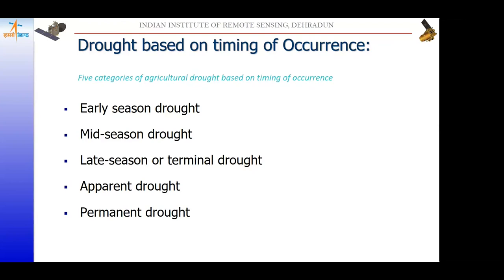So farmers cultivate a different type of crops, which have a lower crop water requirement as compared to the normal cropping pattern.